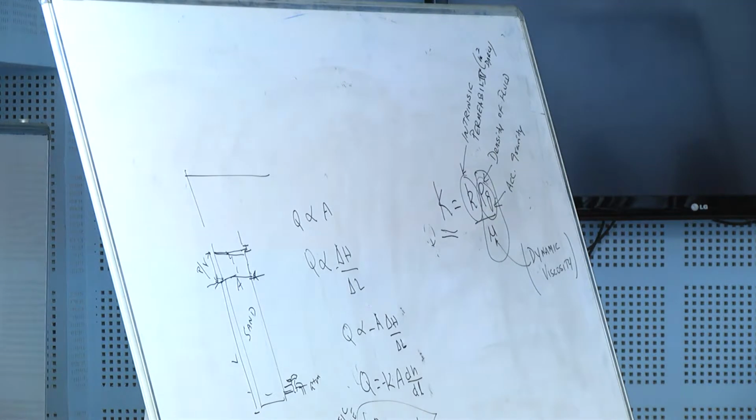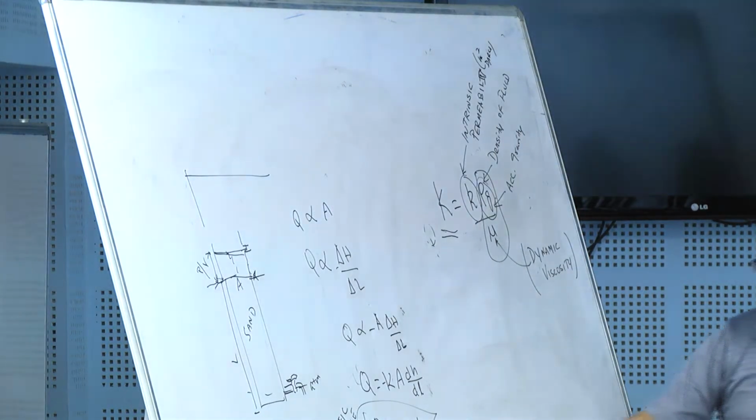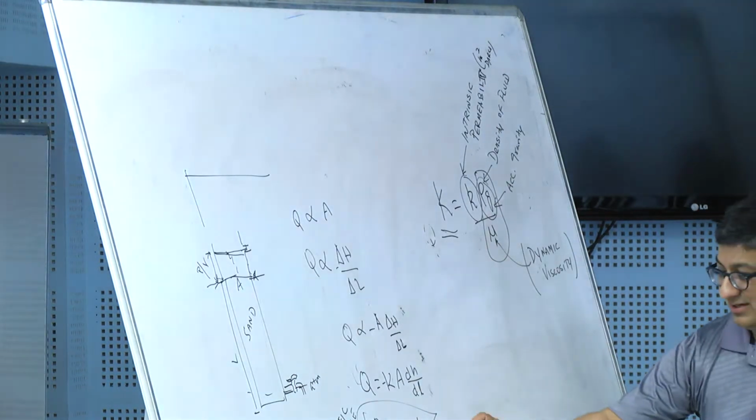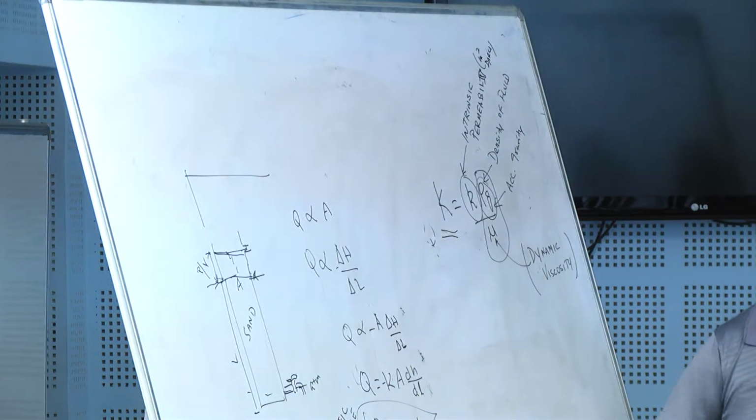So the easiest way to define hydraulic conductivity is to go to this definition and say it is the specific discharge per unit gradient. If I make this gradient 1, then the discharge associated with it, the specific discharge, is the hydraulic conductivity.